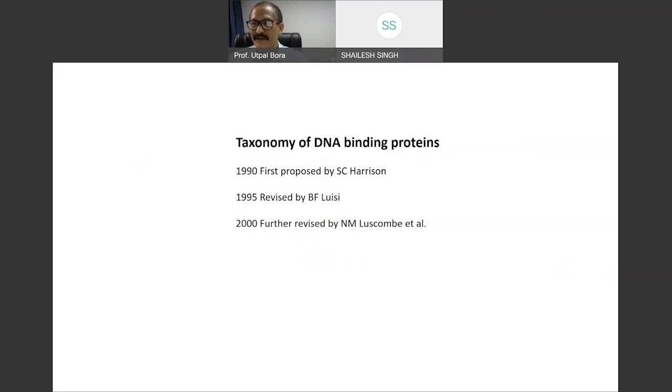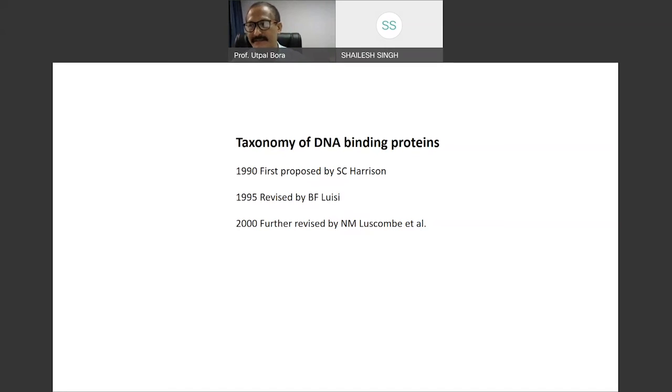And we have several thousands of proteins. So if we calculate the total number of the DNA binding proteins, leaving aside the nuclear binding proteins, where you have again the RNA binding proteins as well as both DNA and RNA binding proteins, the number is quite huge.